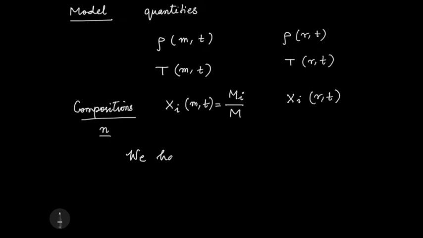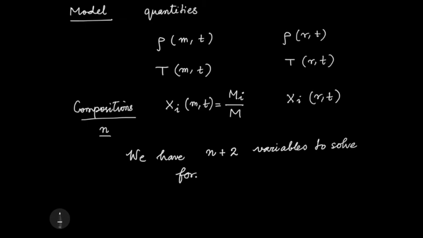So what we have is n plus 2 variables to solve for all time and all radius.